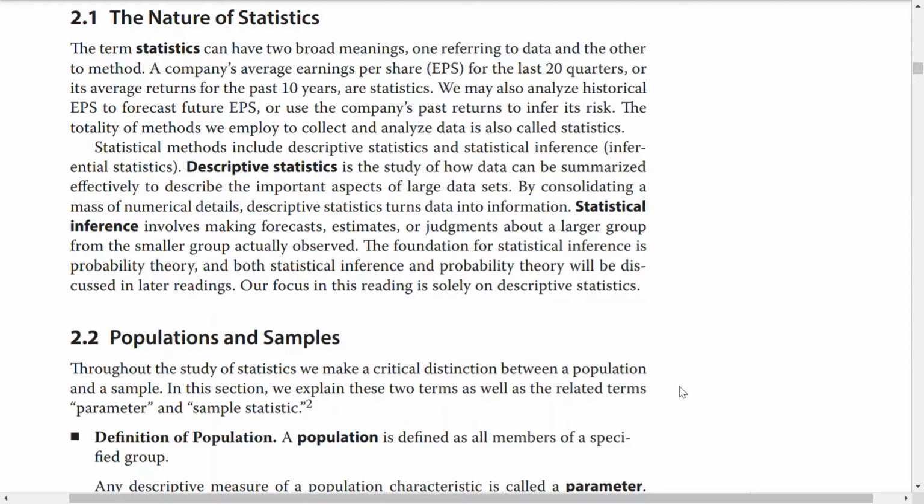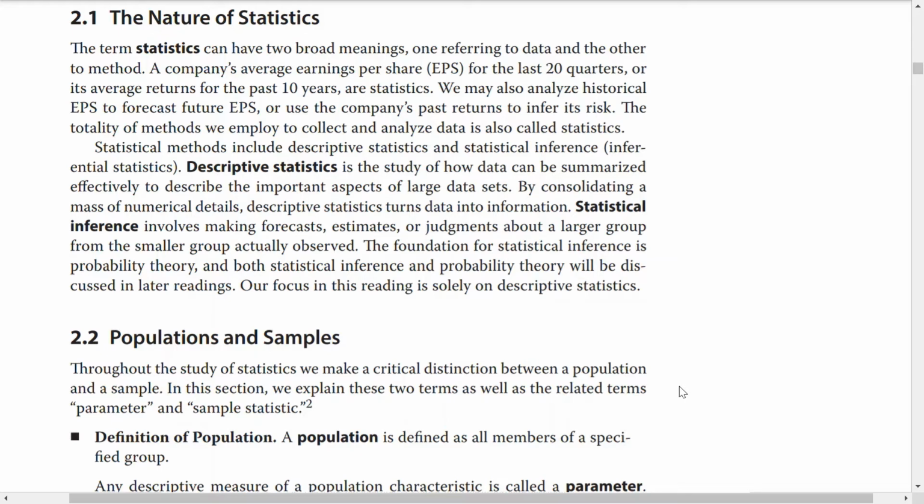Descriptive statistics is the study of how data can be summarized effectively to describe the important aspects of large data sets by consolidating a mass of numerical details. Descriptive statistics turn data into information. Statistical inference involves making forecasts, estimates, or judgments about a larger group from the smaller group actually observed.